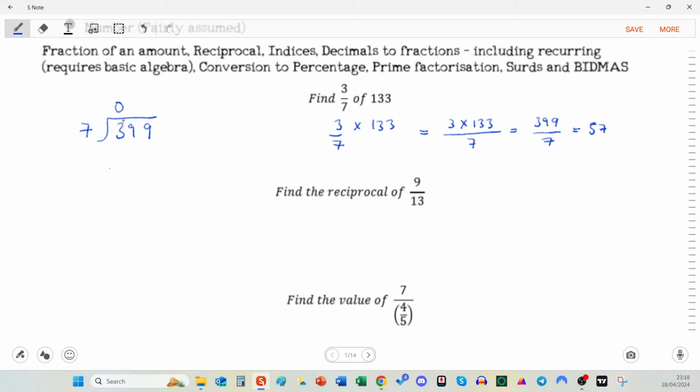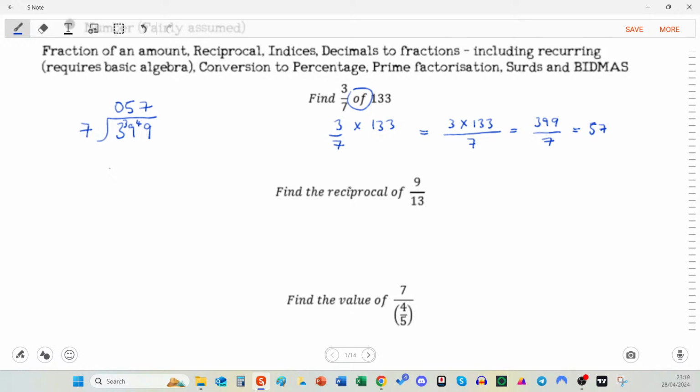So that 3 wasn't used; we'll just move it as the tens of the next column. 7 into 39 is 5, remainder 4. Remainders are like mods, and that's a very interesting area of mathematics to look into. 7 into 49 is 7. So you see we get our 57. The most important thing is that the word "of" means multiply, and the numerator multiplies the whole number.